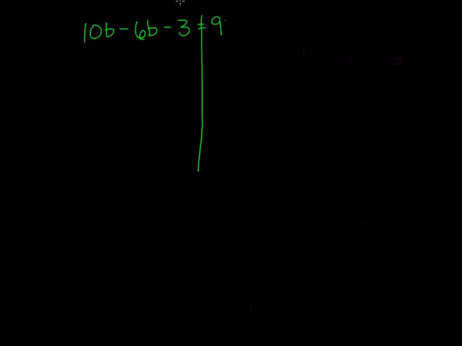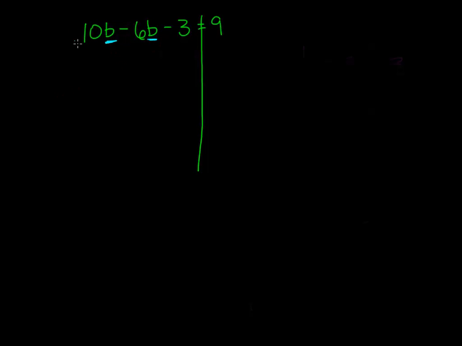Now, what can we do before anything gets started? Our first thing to do right here would be to add or subtract our like terms. We have two terms here that have a b attached to it as a variable.